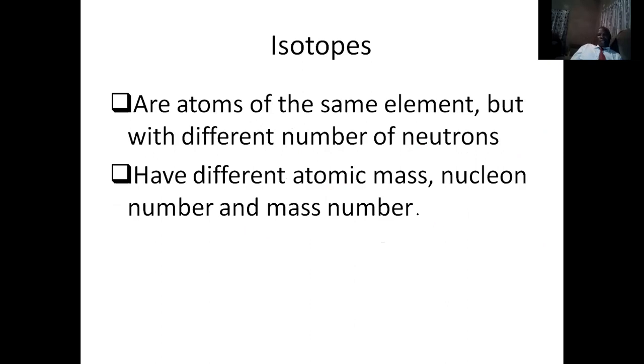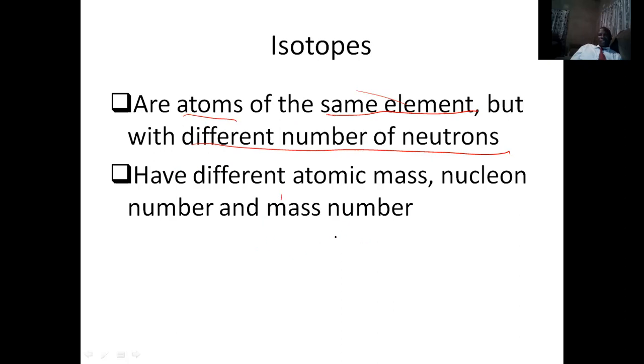Now we look at the isotopes. What are isotopes? Isotopes are atoms of the same element, but this element is going to have different neutrons. The neutrons, when added to the protons, give us the atomic mass. So when the neutrons are different, the atomic mass is going to be different.